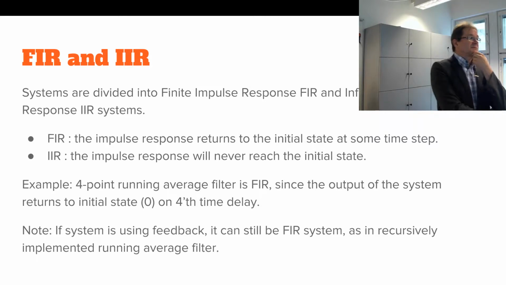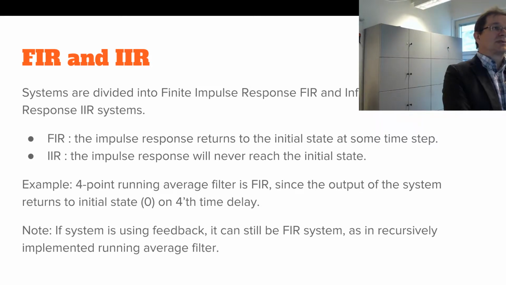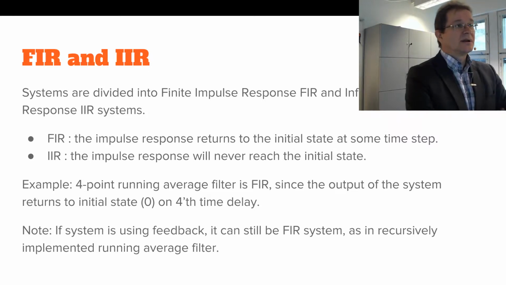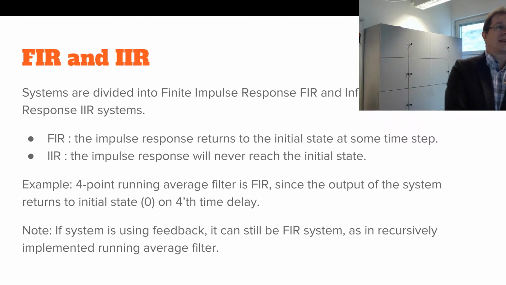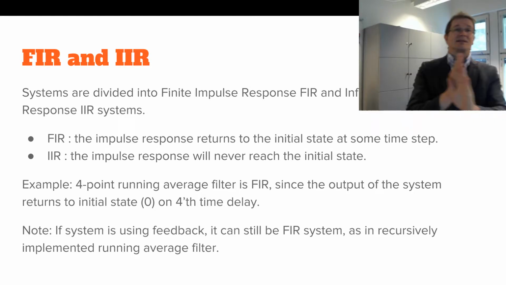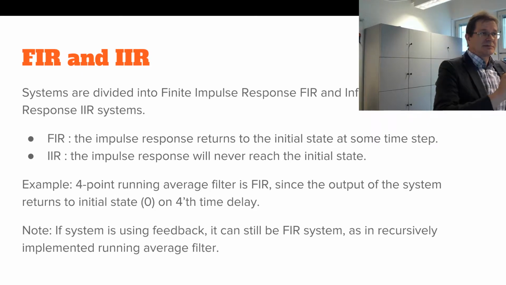Basically, the systems are divided into two classes based on the impulse response: finite impulse response and infinite impulse response systems. Finite means that it ends. When you have the impulse hitting the system, at some point the signal dies out totally, completely.